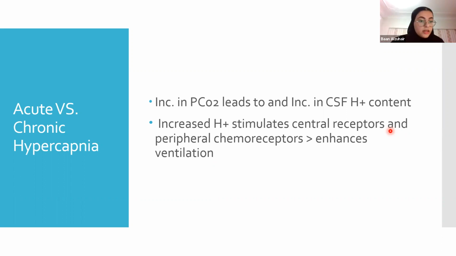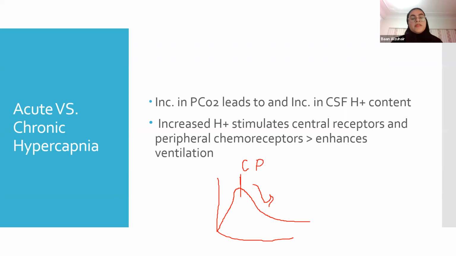Let me draw a line for you. I'll try my best. In the beginning, it's really high, and it goes low, and it continues like this. At this point, we have the central chemoreceptors and the peripheral chemoreceptors. It goes down because the pH is being compensated by the kidney. And then here we have only the peripheral chemoreceptors being stimulated. There is a graph in Dr. Shams's PowerPoint that describes exactly this.